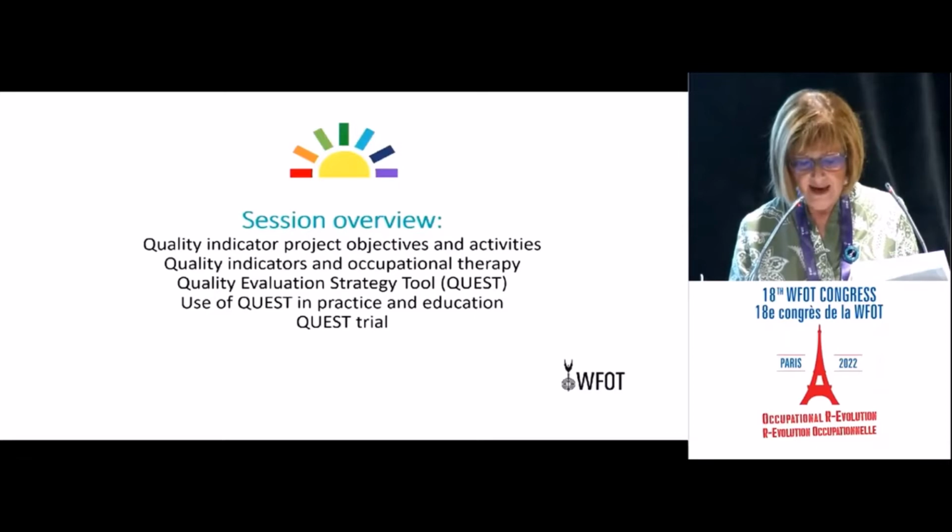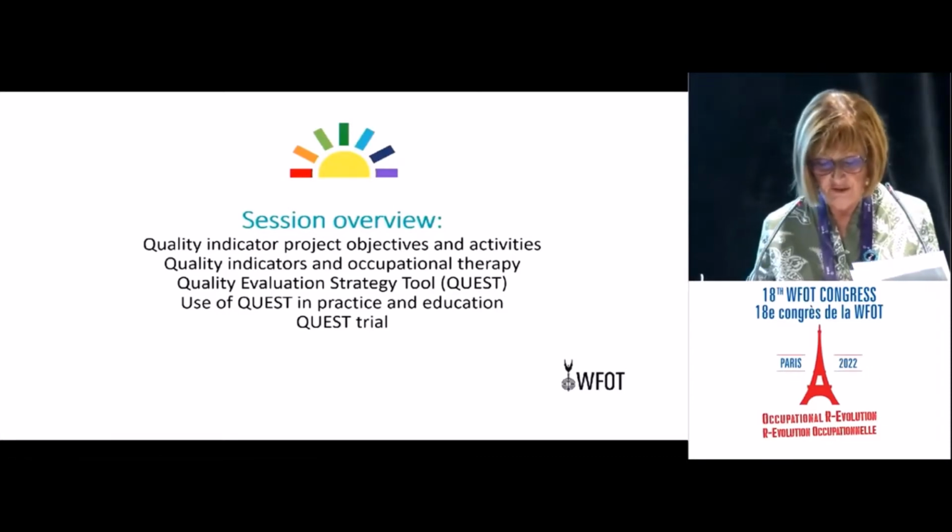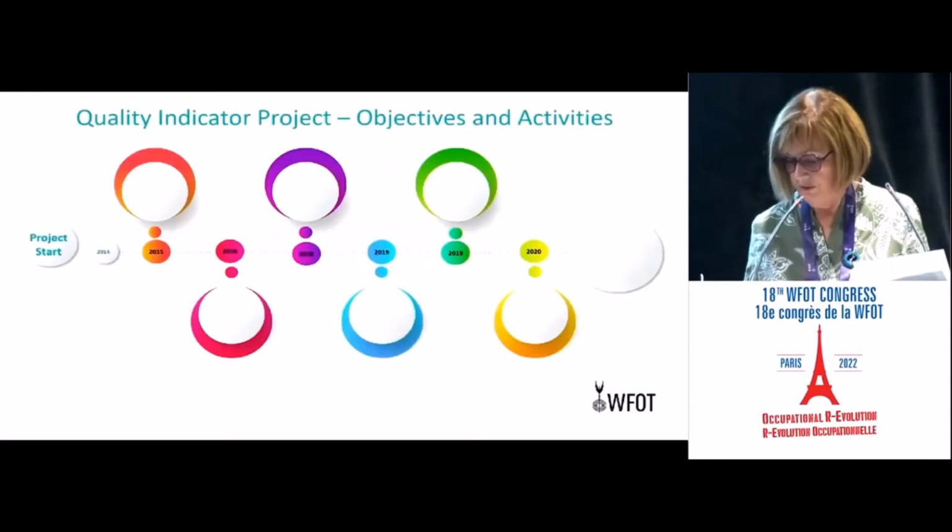And we're going to outline how Quest has been used. It has been used to evaluate pediatric telehealth practice, to plan a new occupational therapy service, to teach students about quality and occupational therapy.